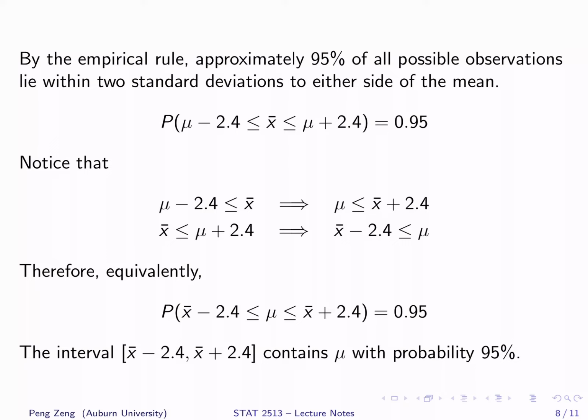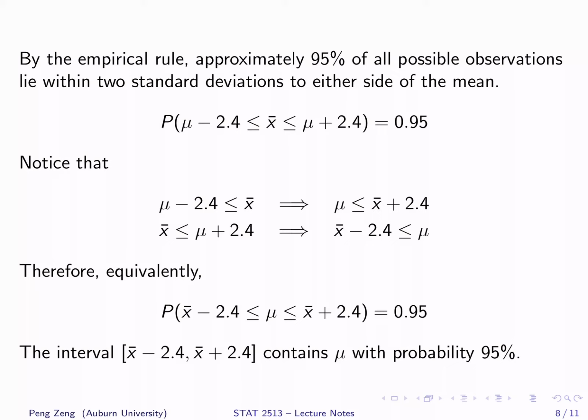By the empirical rule, approximately 95% of all possible observations lie within two standard deviations to either side of the mean. In terms of mathematics, we know that the probability of mu minus 2.4 less than or equal to X bar less than or equal to mu plus 2.4 equals 0.95.